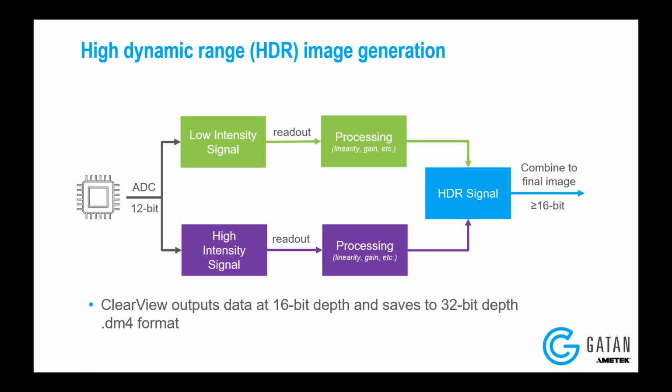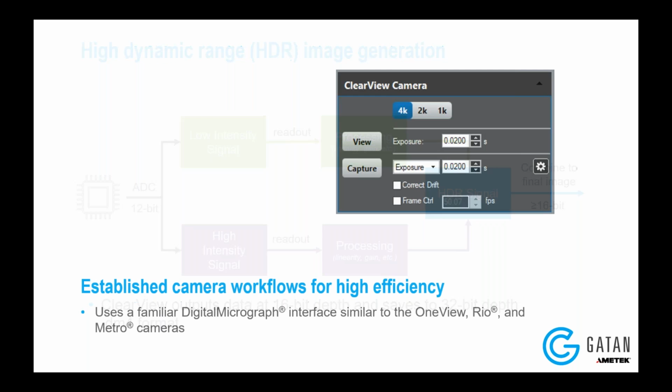So all this to say is that with the HDR scheme, you can output data at 16-bit depth, and it now saves as standard to a .dm4 format. That's a DigitalMicrograph format that comes in a 32-bit depth data format.